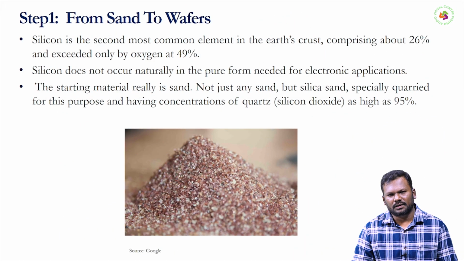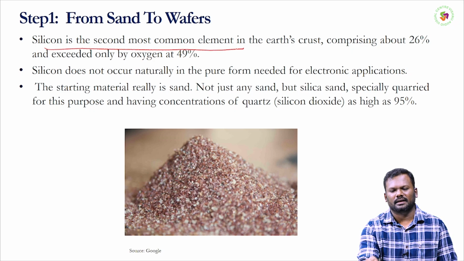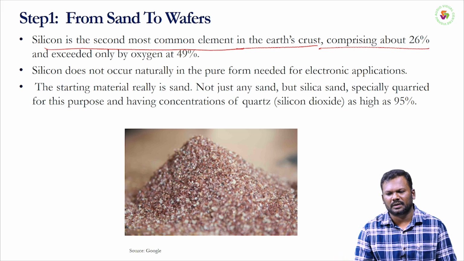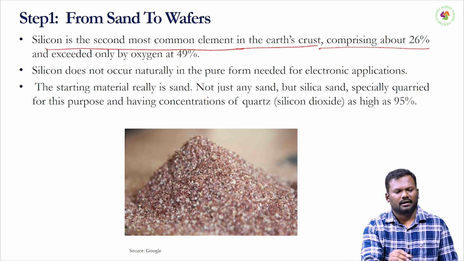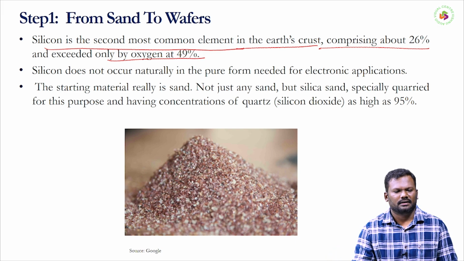You already know that silicon is the second most common element in the earth's crust. It comprises approximately 25 to 26%, and after that comes oxygen. The first place is oxygen, at 49%, and the second place is silicon.